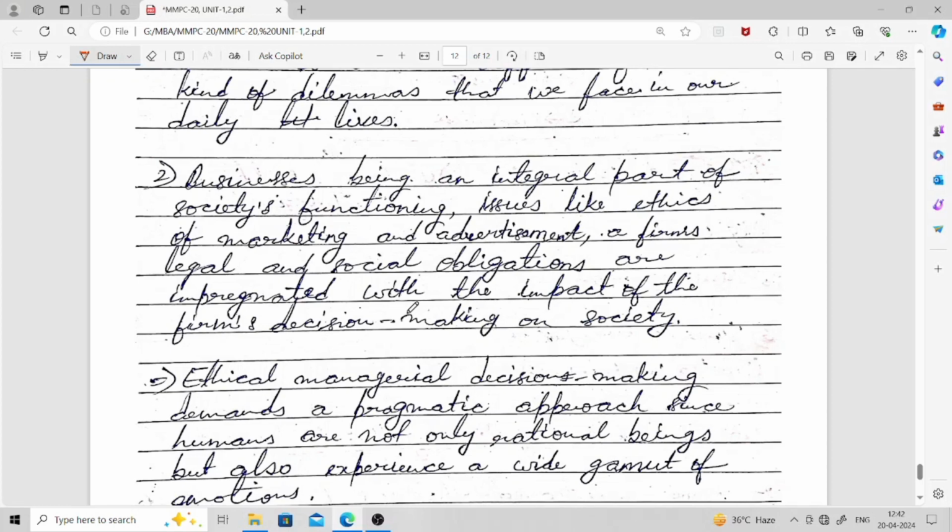It means business is an integral part of society's functioning, so ethical decision making is very important in issues like ethics of marketing and advertisement, and a firm's legal and social obligations. In simple words, ethical decision making impacts the firm's decision making on society; how a firm makes decisions is impacted.